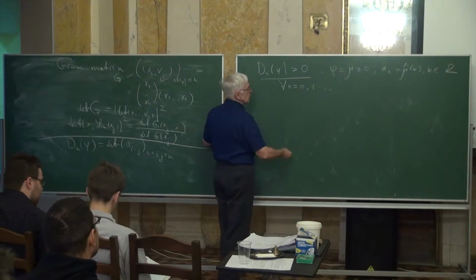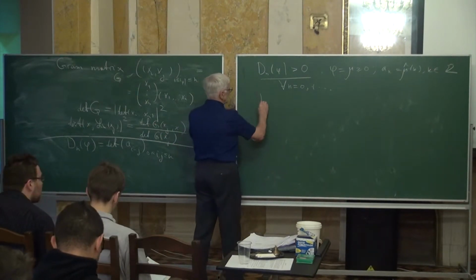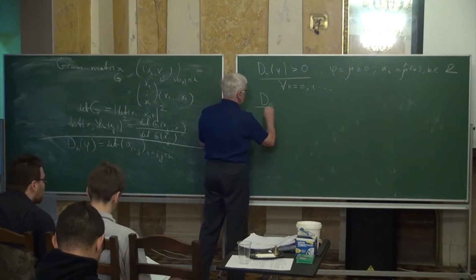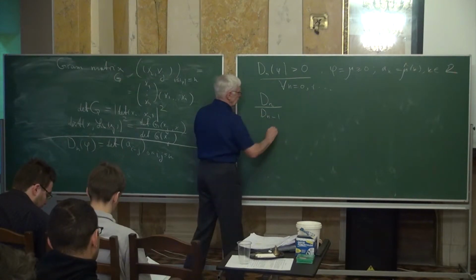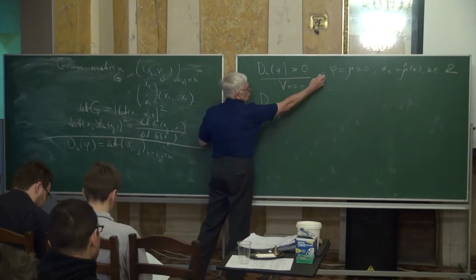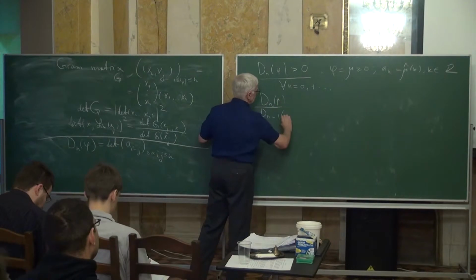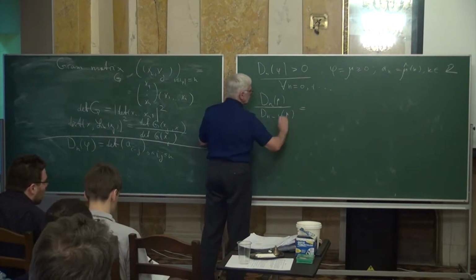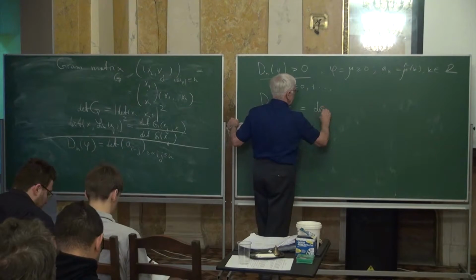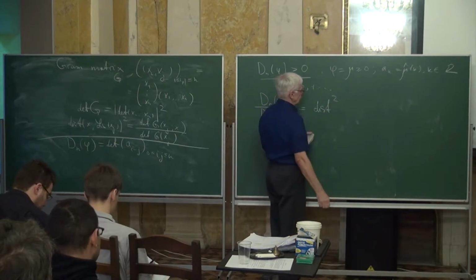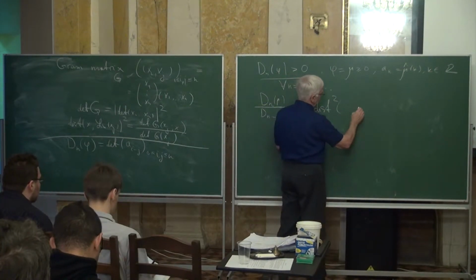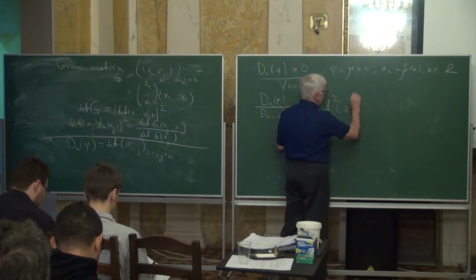Then from this formula we have that Dn over Dn minus 1, with phi equal to mu, is equal to the squared distance of z to the n.